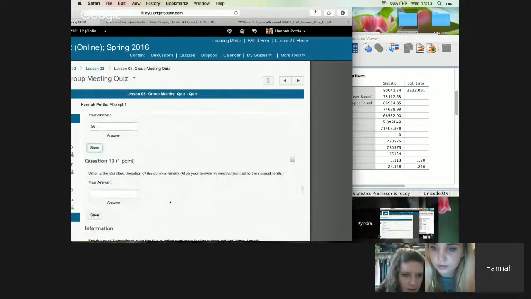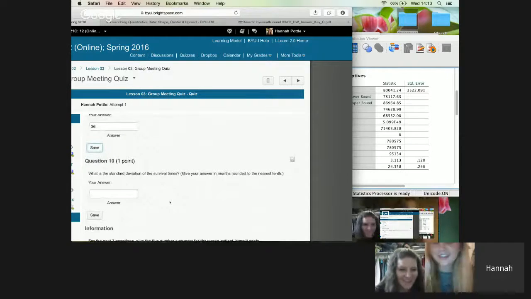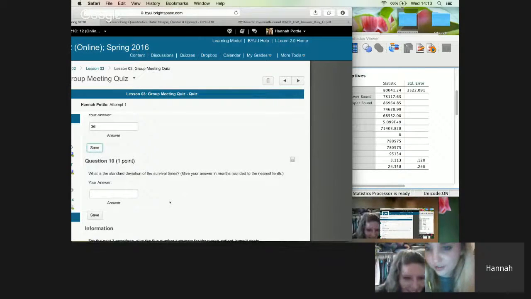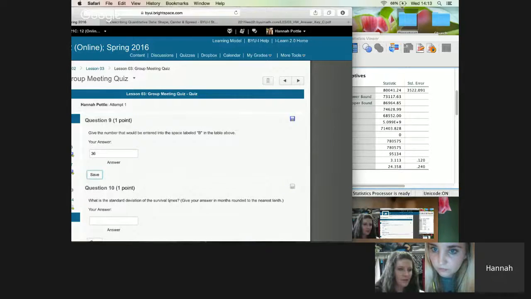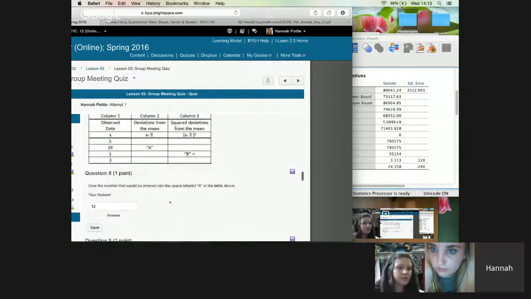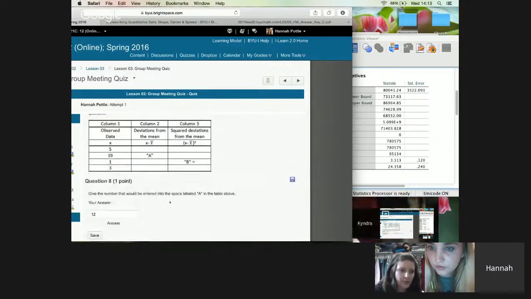The standard deviation for the survival times. Give your answer in months rounded to the nearest tenth. So wouldn't it just be the squared deviation, like unsquared?